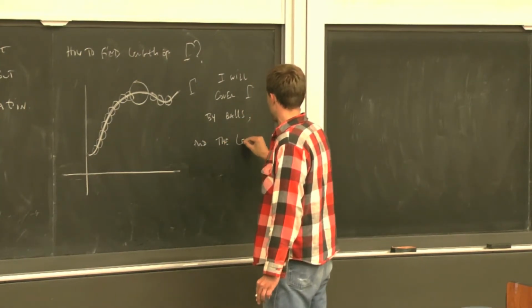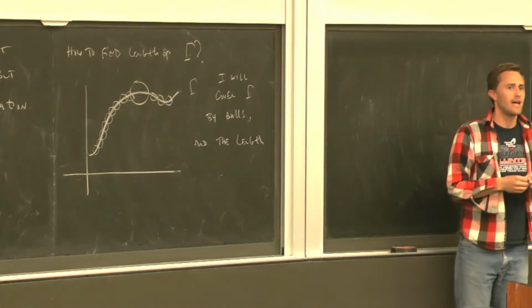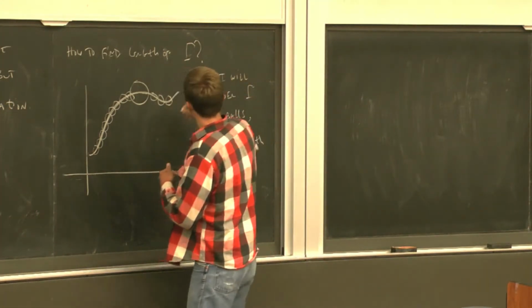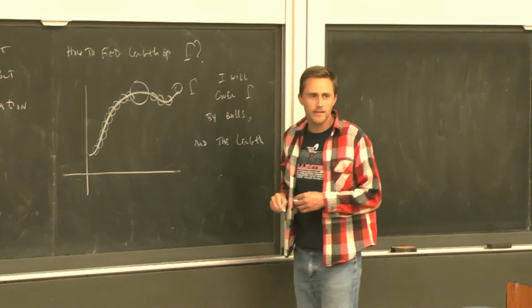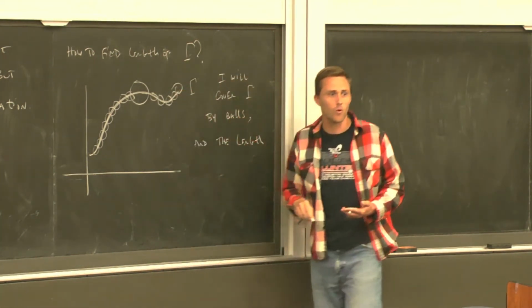And the length. If this curve is really nice and the ball is really small, and you situate the ball in an optimal point, I mean I can put a ball on here that sits like that, but that doesn't do so well. I might as well sit it a little bit lower and cover more.